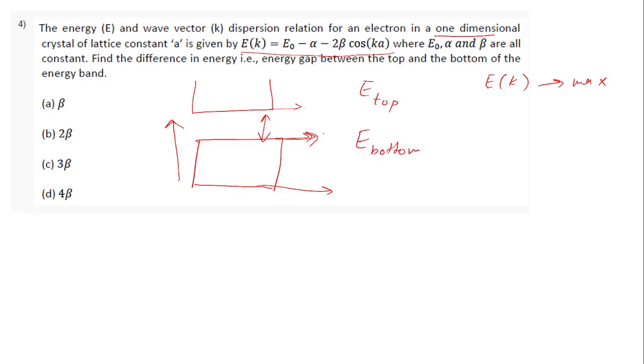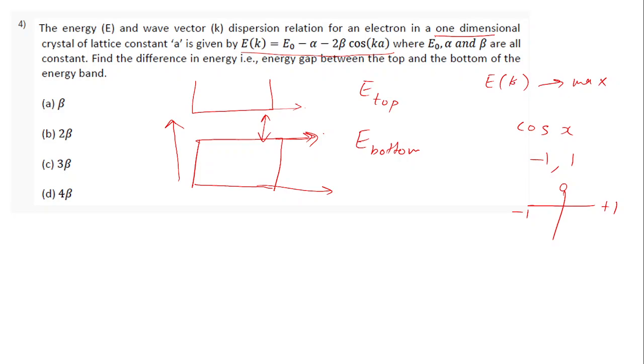For cos Ka, we know the cos function goes from -1 to 1. For cos 0 it's 1, for 90 degrees it's 0, for cos pi it's -1.